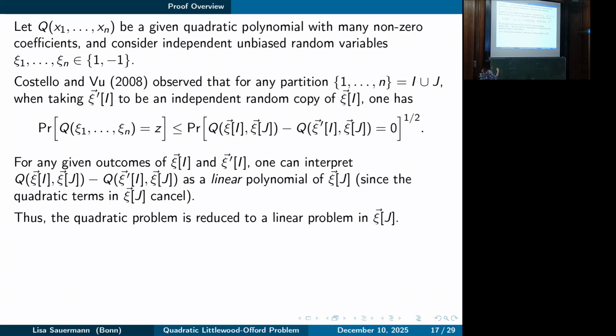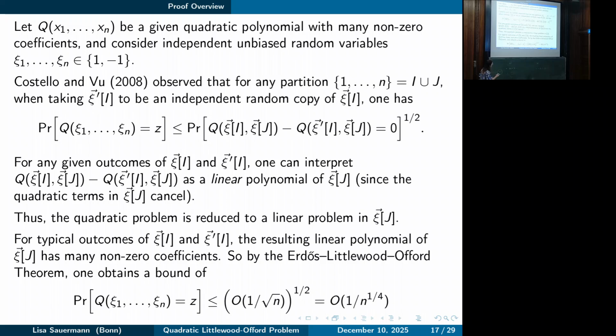So we reduce the quadratic problem to a linear one, and we can now get a bound by applying the Littlewood-Offord theorem. For typical outcomes of psi I and psi prime I, this resulting linear polynomial in psi j has many non-zero coefficients, so we can apply the Littlewood-Offord theorem. That in itself gives a bound of constant times 1 over square root n, but we have this additional half in the exponent, which we shouldn't forget, and so we get n to the 1/4. That's how this 1/4 bound was proved by Costello and Vu.